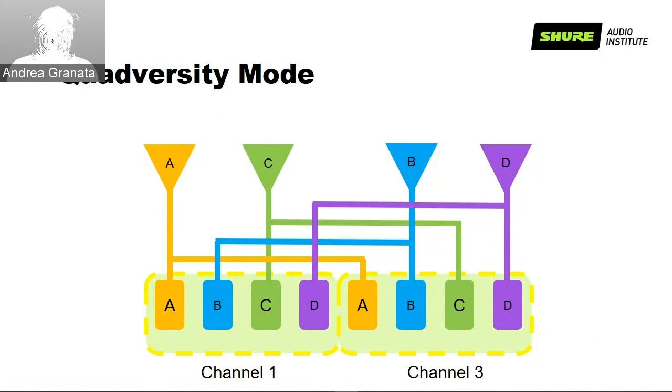But after 2 years, I can really tell you that quad diversity is a very important feature, and you can really benefit from it, because yes, it comes with a cost. The quad receiver becomes a dual receiver, but the quality of your signal increases drastically, and the amount of options that you can cover with a single receiver and 4 antennas instead of 2 is really impressive.